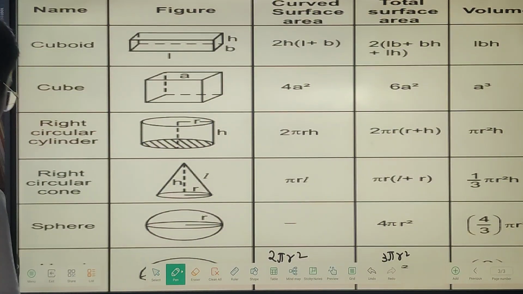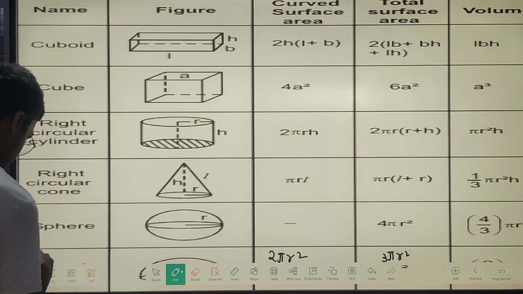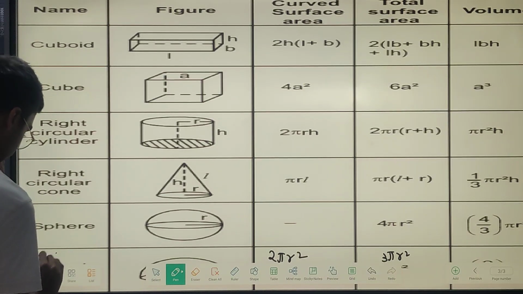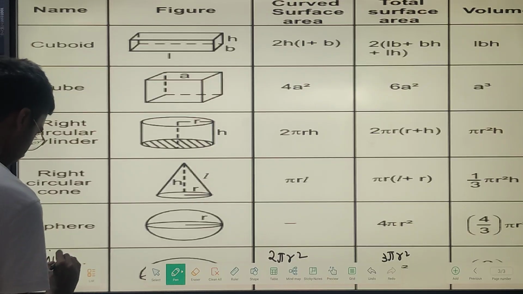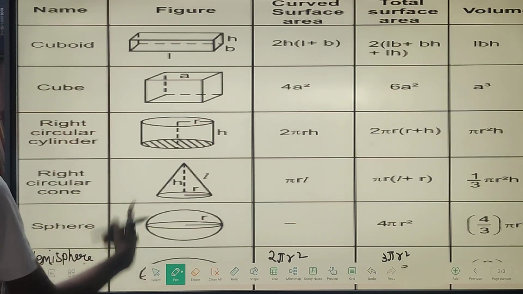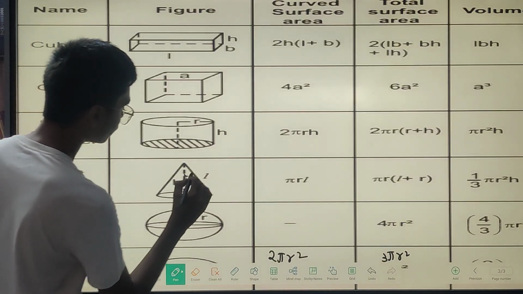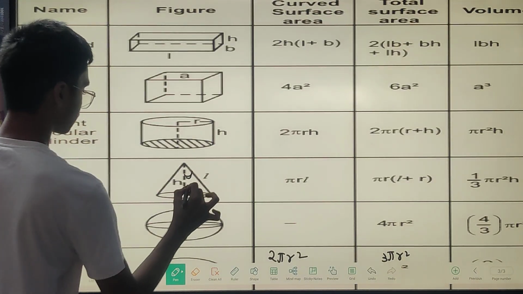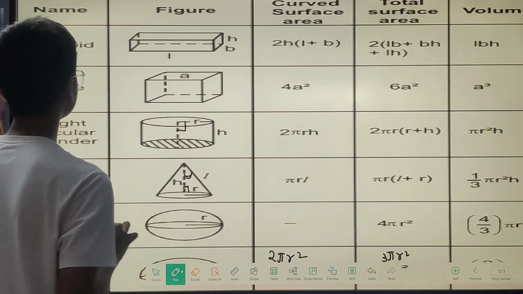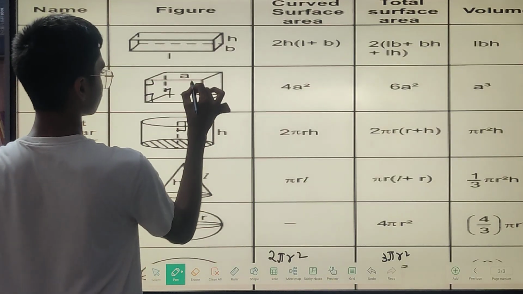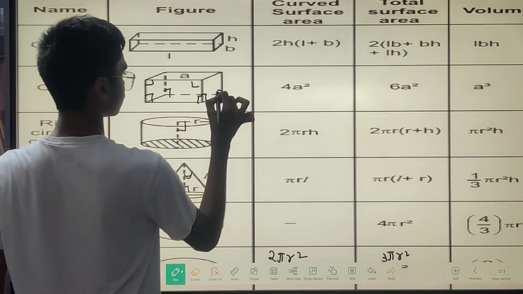This is a hemisphere. Then sphere, this is a right circular cone, and this is the semi-angle. Then right circular cylinder, here you can see it is perpendicular and here also perpendicular. Then here it is a cube, every corner is perpendicular, as we all know.